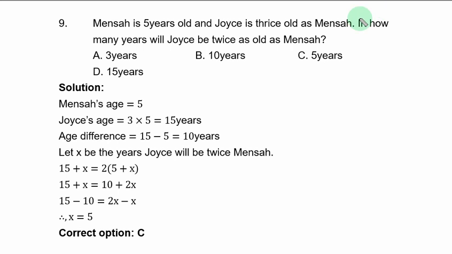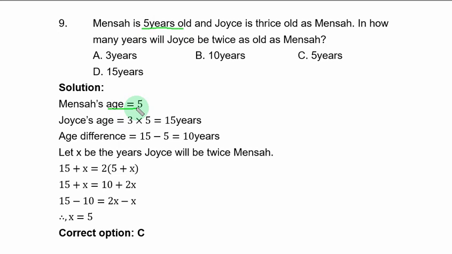Question 9. Mesa is 5 years old and Joyce is thrice as old as Mesa. In how many years will Joyce be twice as old as Mesa? From the question, Mesa's age is 5.